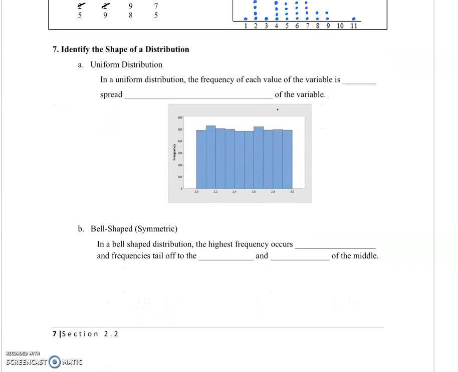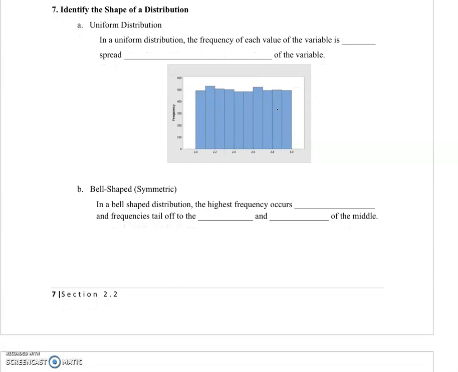Let's talk quickly now about the shape of different distributions. So a uniform distribution looks like this example here, and the frequency of each variable is evenly spread across all values of the variable. So what does that mean in all practicality?